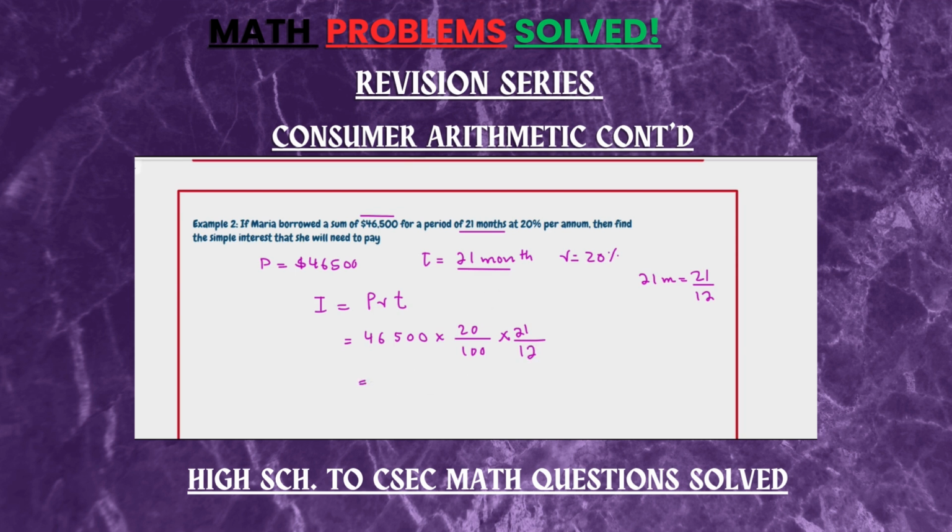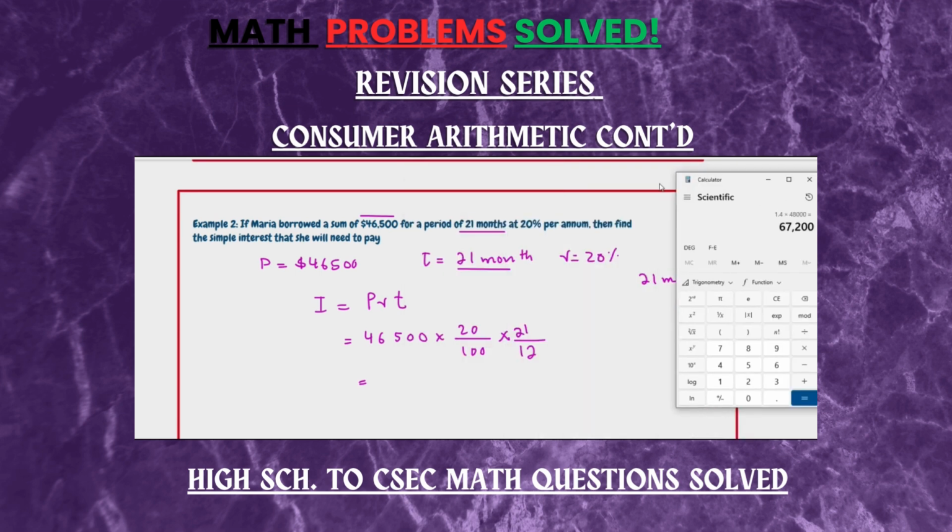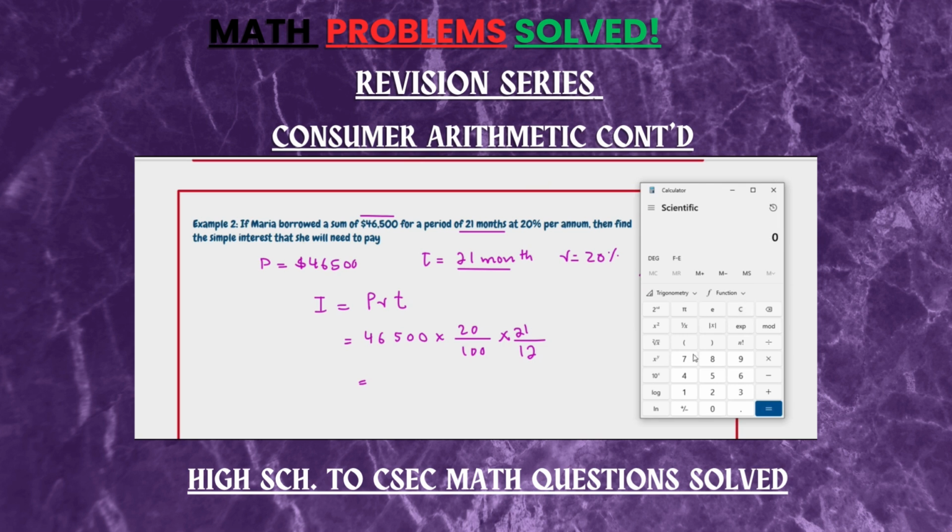So if you simplify these things, you can do it like this. I will directly multiply all of them: 46,500 times 20 times 21 equals this value, and then you have to divide it by 1200 because 100 times 12 is 1200.